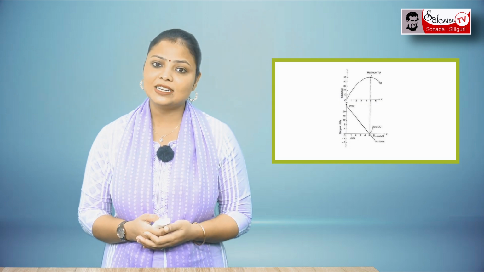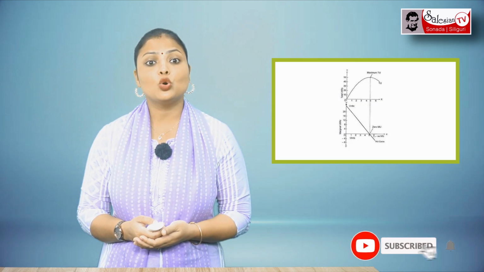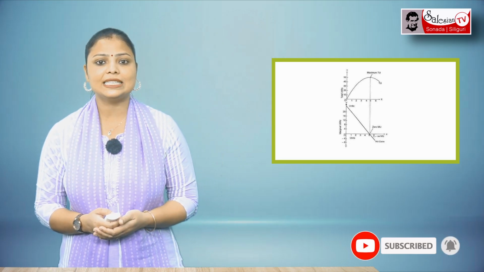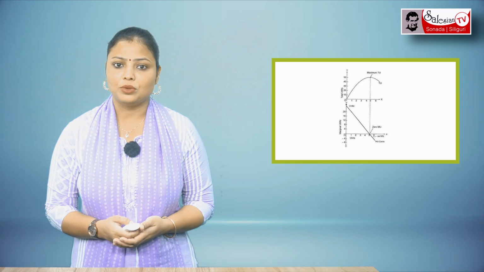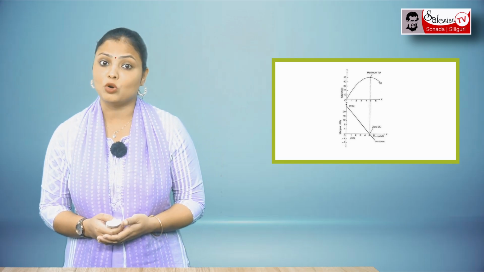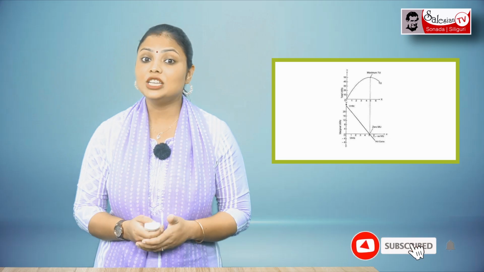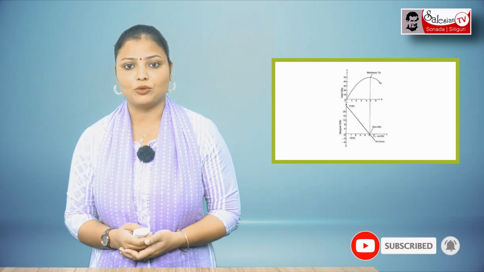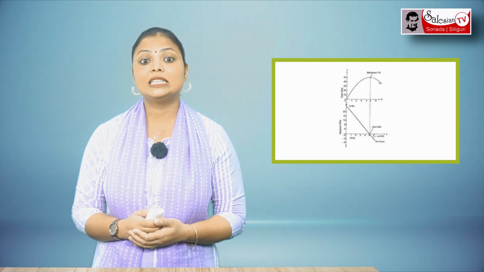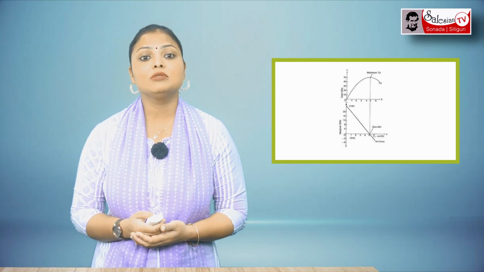We can clearly see in the graph that total utility increases at a diminishing rate because MU, that is marginal utility, is positive but decreasing, and total utility reaches its maximum when marginal utility is 0, and then it decreases further when marginal utility becomes negative.